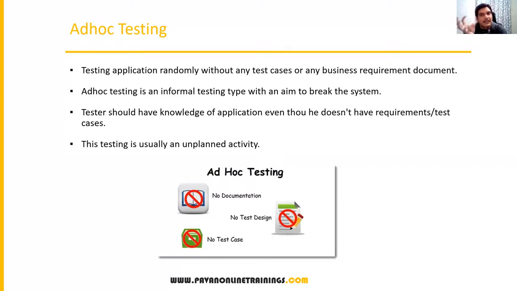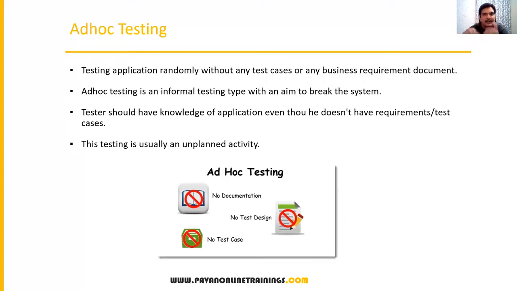So it is testing the application randomly without any test cases or any business requirement. Suppose I have given an application to you and you have previous experience on other projects in the same kind of domains. Immediately you can do some kind of testing. Ad hoc testing you can conduct.